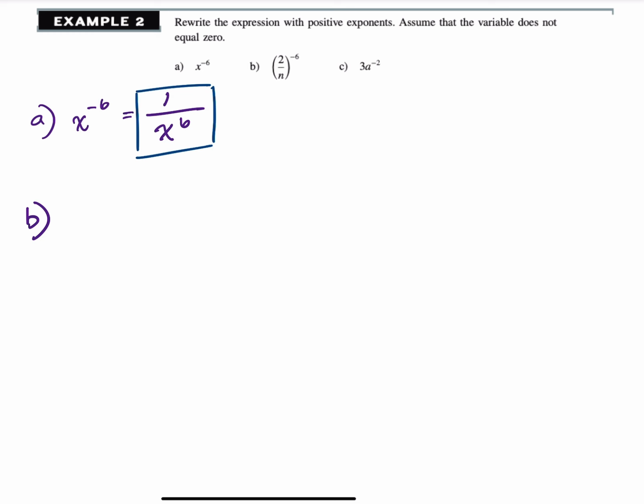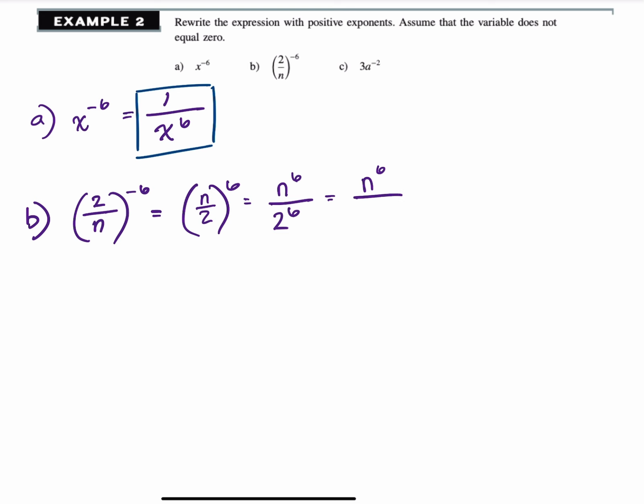If we have 2 over n to the negative 6th power, well, that will flip the fraction, n over 2 to the positive 6, and then let's apply the power. So n to the 6 over 2 to the 6th power. 2 to the 6th power should give us 64.